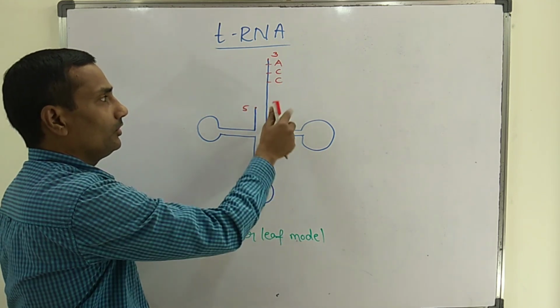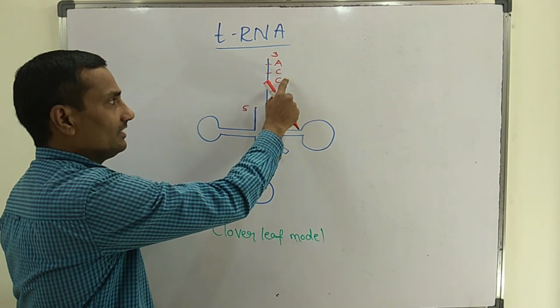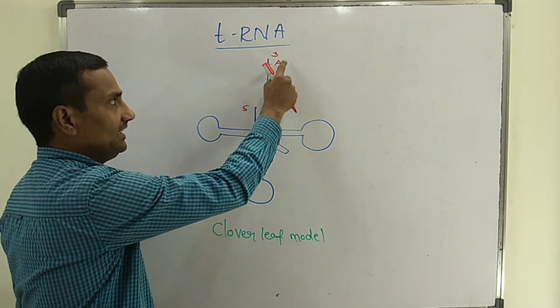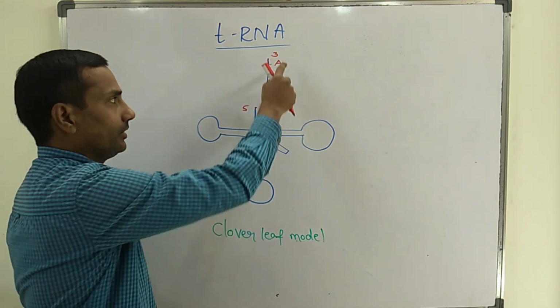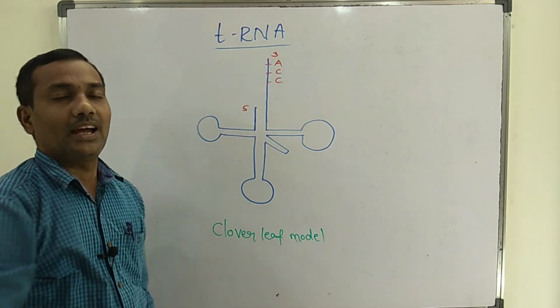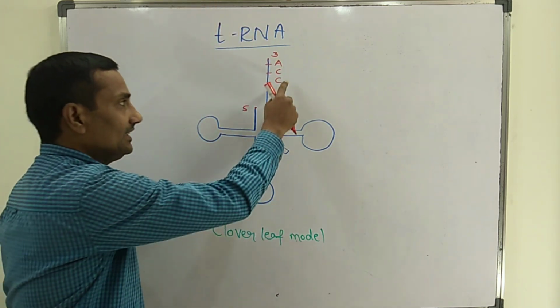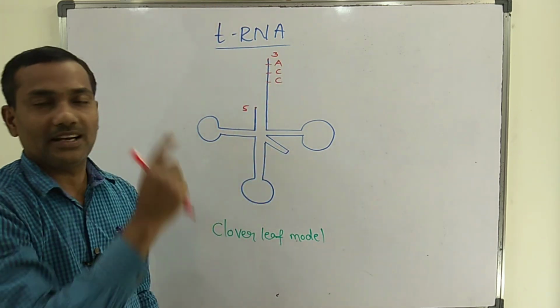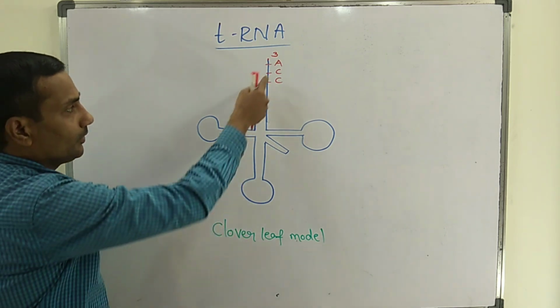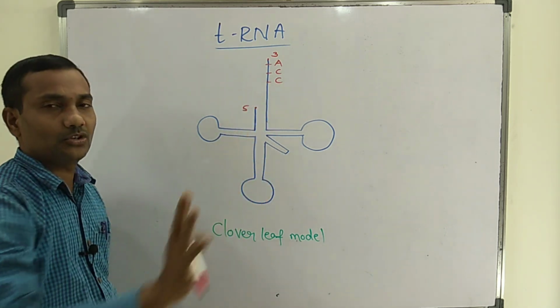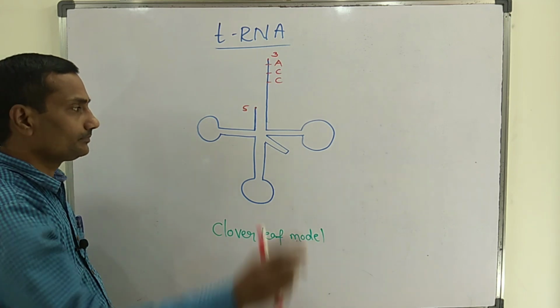The sequence is important: the CCA end, with adenine at the 3' end.